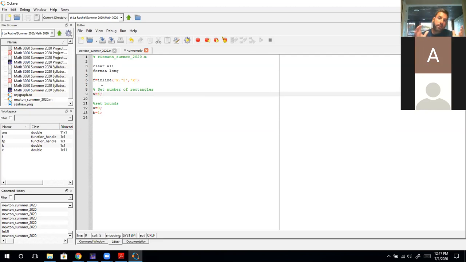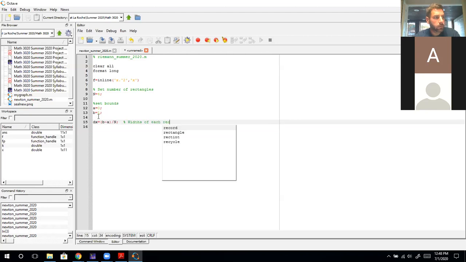So if you go back to your definition of the integral in the Riemann sums, the first thing you did is you said, okay, let's get our dx. Your dx is always equal to b minus a divided by n. If you want to think of this in a geometric sense, these are the widths of each rectangle.